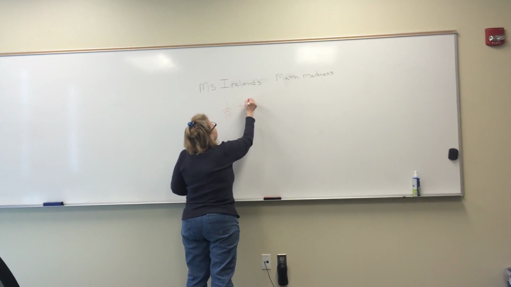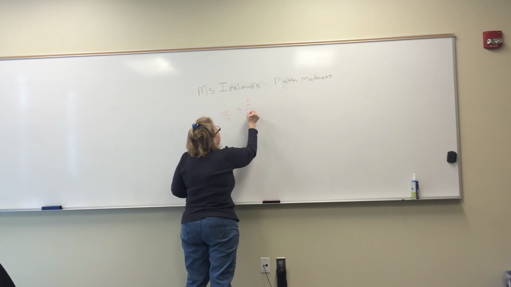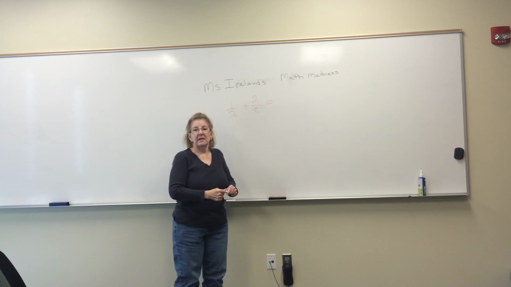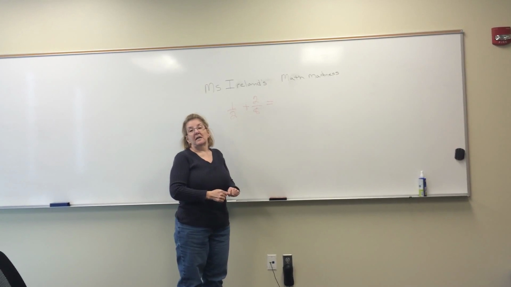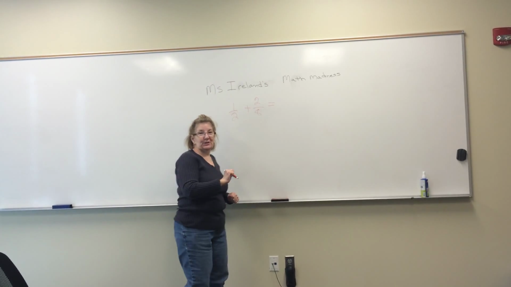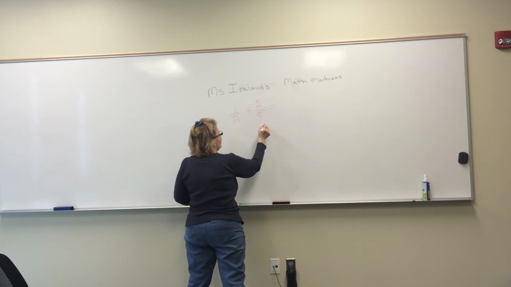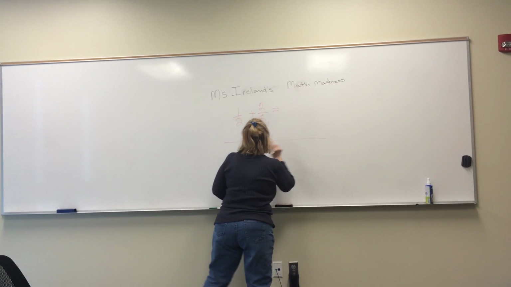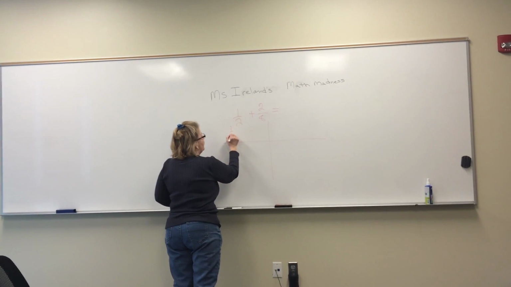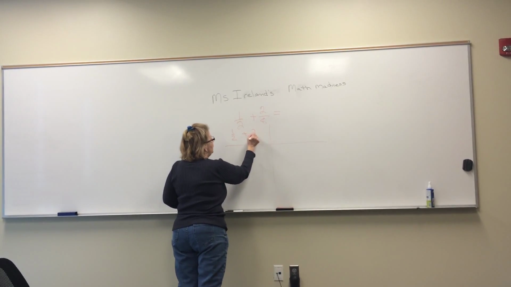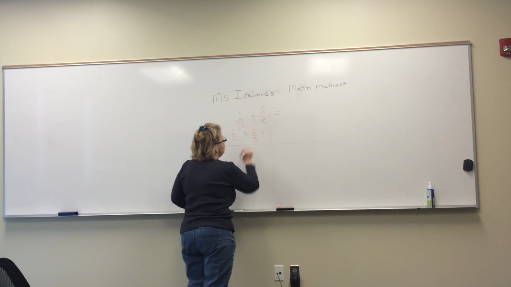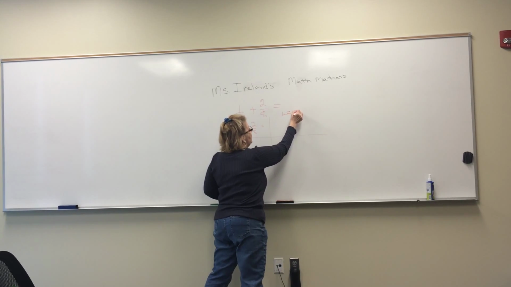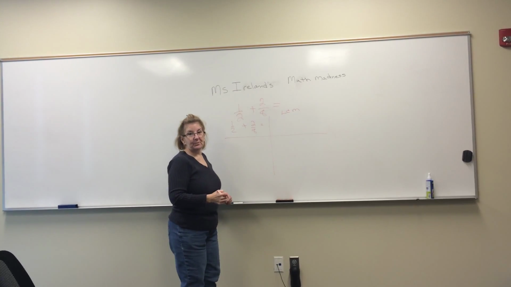1/2 plus 2/8 equals. The easiest thing to do is, first, we're going to make a little chart. We're going to copy our problem here, 1/2 plus 2/8 equals, and in this slot here, we're going to make least common multiples.